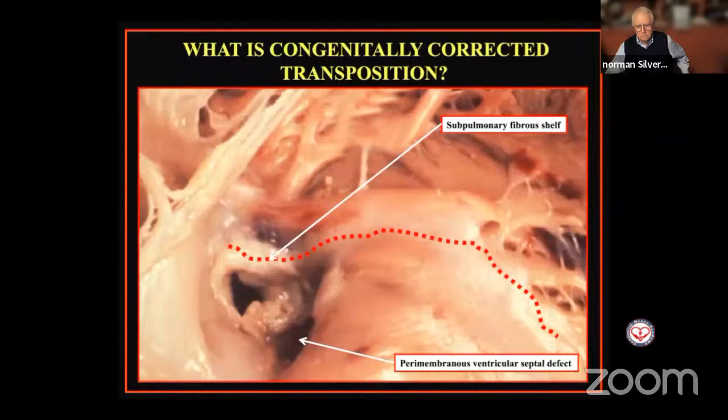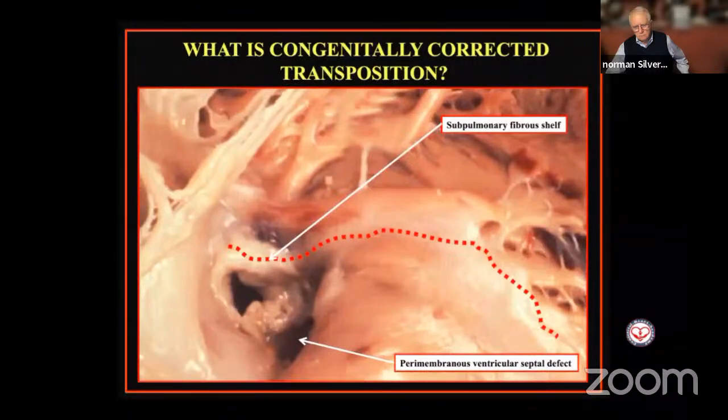More importantly, it is running through that subpulmonary fibrous shelf. And this is a problem, certainly a problem for the surgeon, because you can't remove that subpulmonary fibrous shelf without destroying the atrioventricular conduction axis. But as I say, we will come back to the location of the atrioventricular conduction axis.